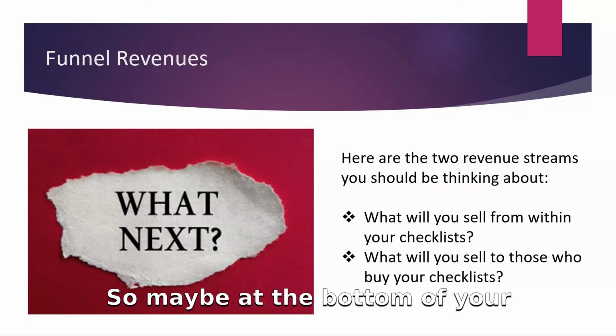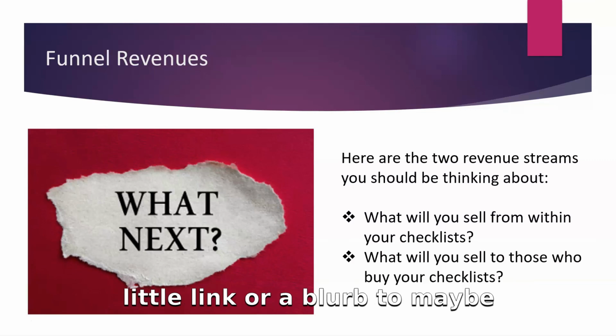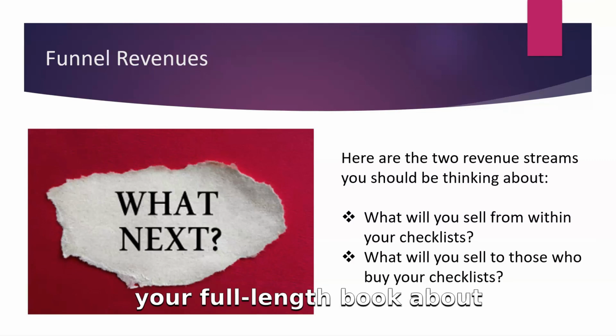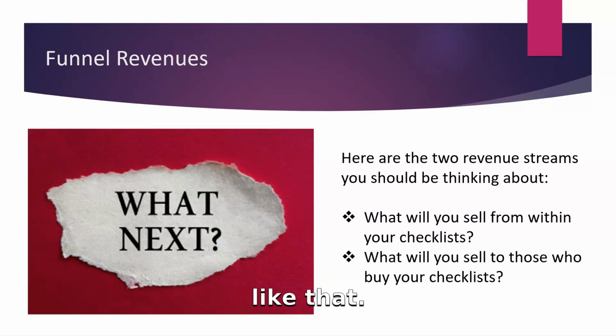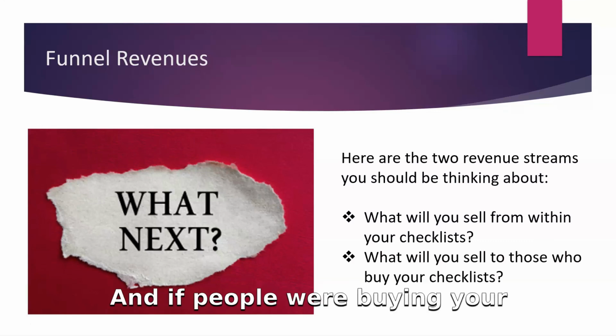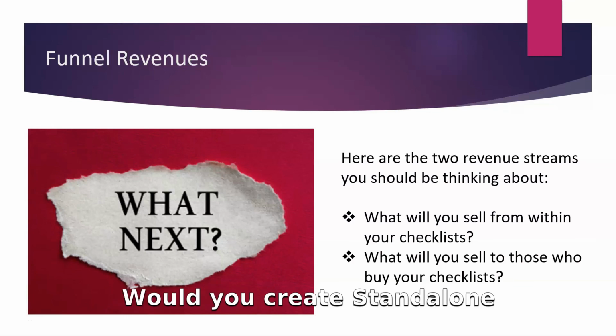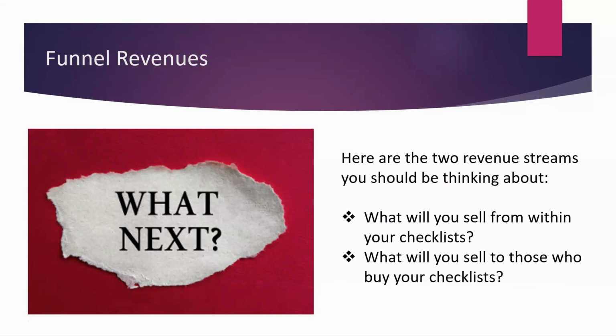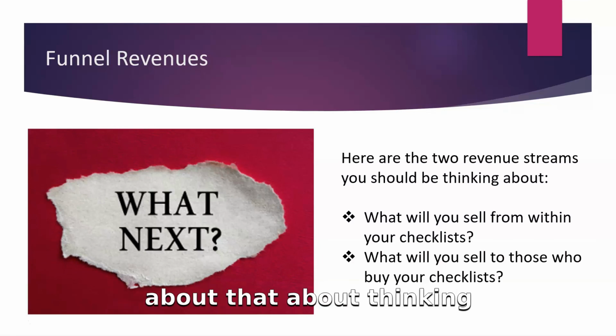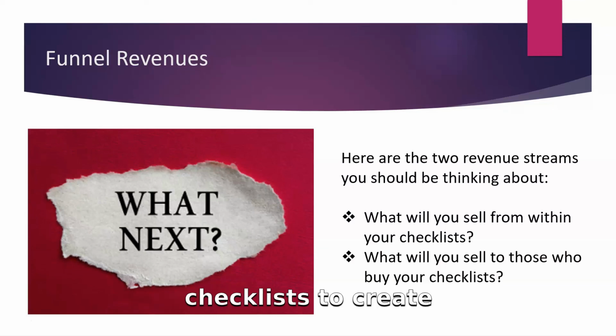Maybe at the bottom of your checklist, you would have a little link or a blurb to your full-length book about that on Amazon or something like that. And if people were buying your checklists, maybe you would make them a full-length book? Would you create standalone downloadable printables, like on Etsy, or something that you could ship out to people? You want to be thinking about how you can use these checklists to create revenue.